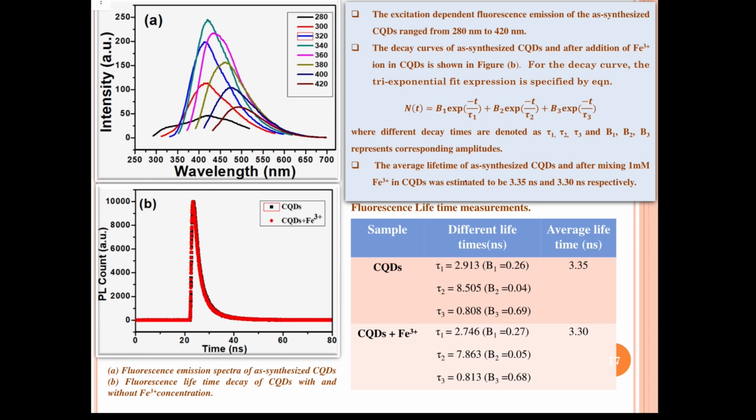The PL emission spectra were recorded for different excitation wavelengths ranging from 280 nanometer to 420 nanometer, and it was found that the emission intensity was dependent on the excitation wavelength.